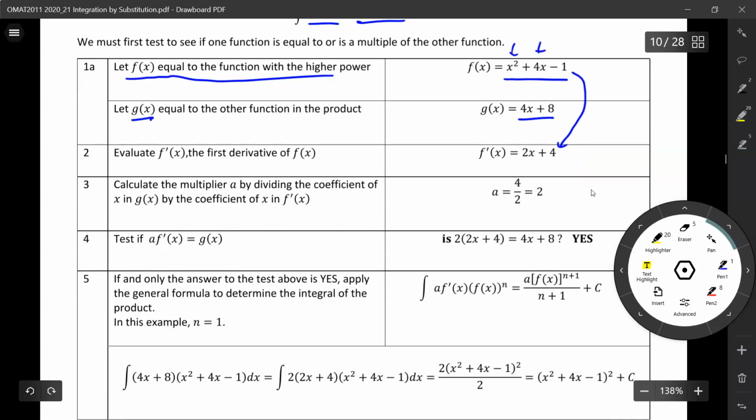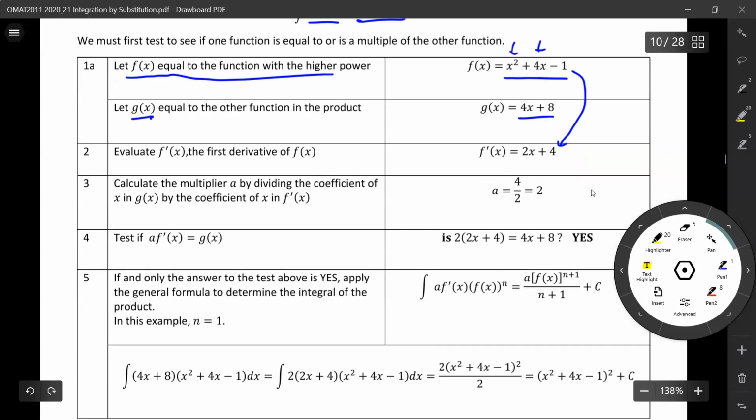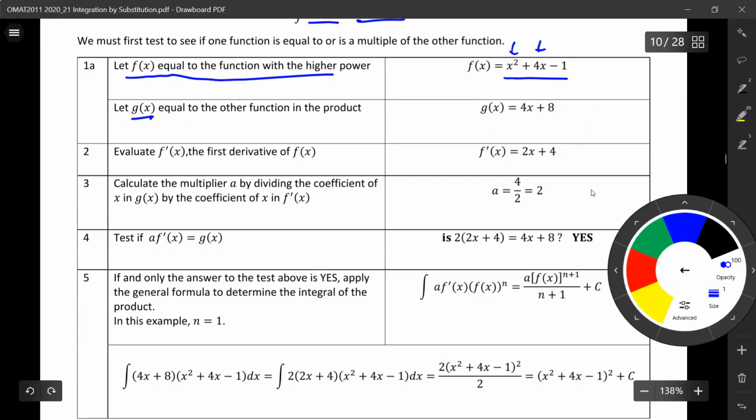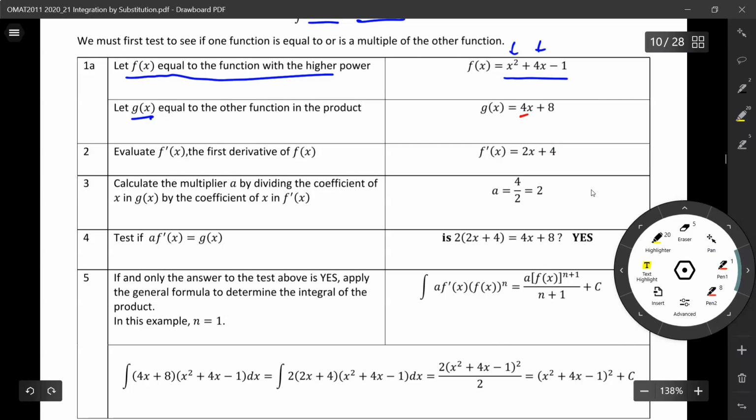Then calculate the multiplier. This is the one you have to remember: you get the coefficient of x in g(x), and you divide it by the coefficient of x in f prime(x), the first derivative.